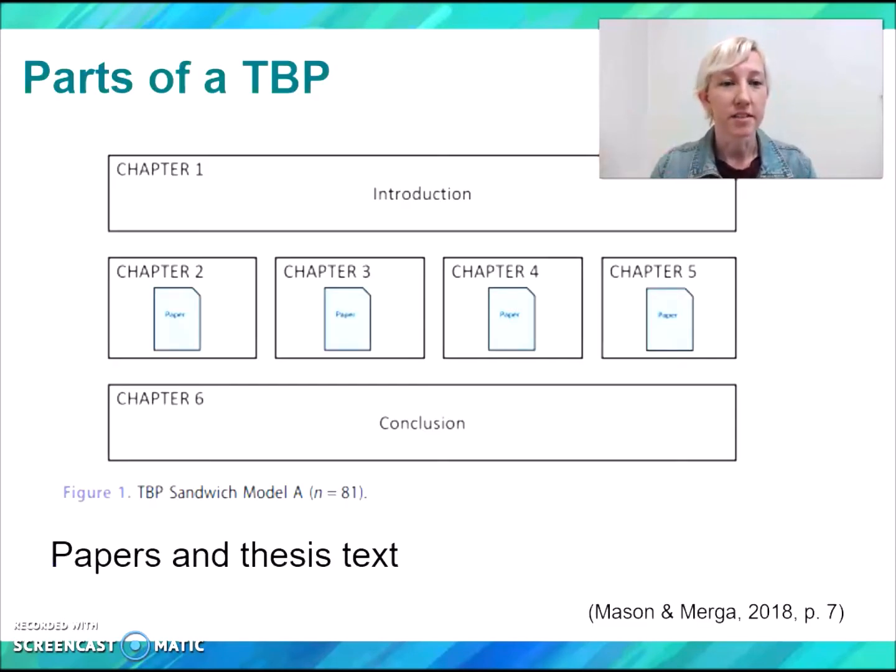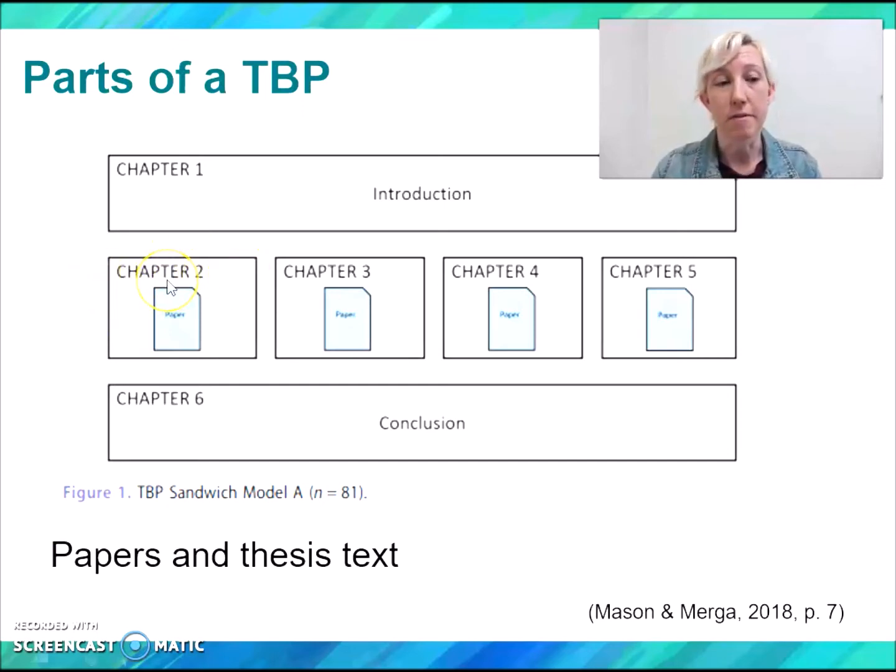If we have a look at this example of what a thesis by publication might look like, this is just one idea, but what we most probably have are some chapters that include papers. But we also have some sections that do not, and we may have some extra information also within a chapter.